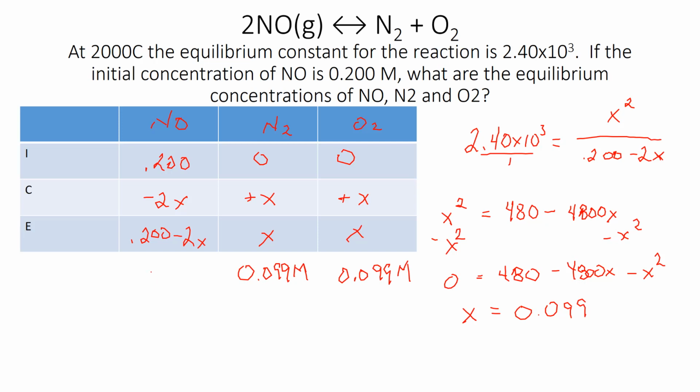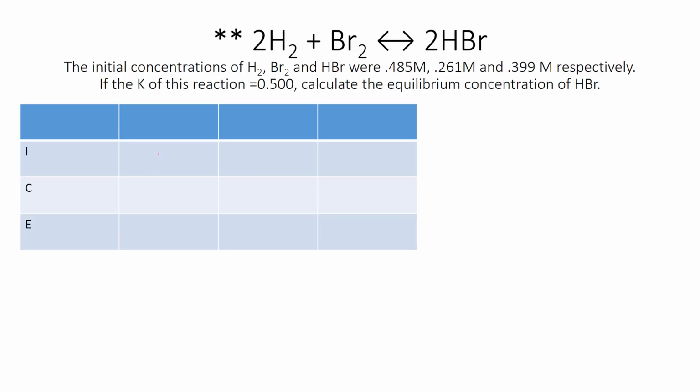And nitrogen monoxide is going to be 0.200 minus 2 times 0.099, which is going to come up with a fact of 0.002 molarity.